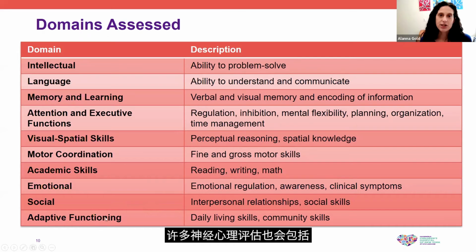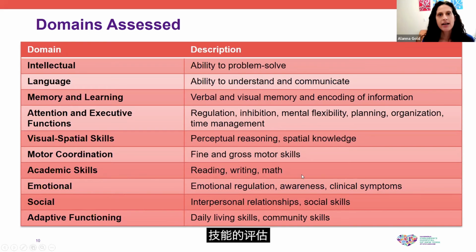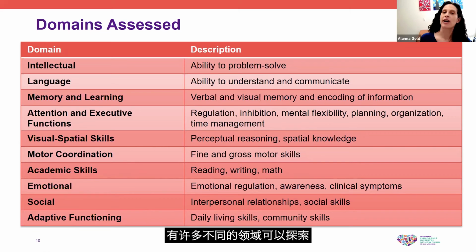Many neuropsychological evaluations will also include assessment of academic skills such as reading, writing, and math. And again, there are many different areas of reading, writing, and math that can be explored, as well as cognitive underpinnings of these skills.